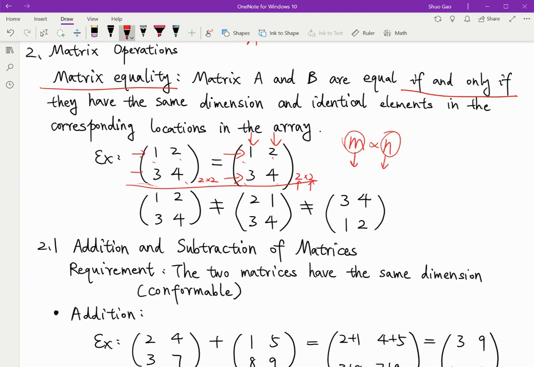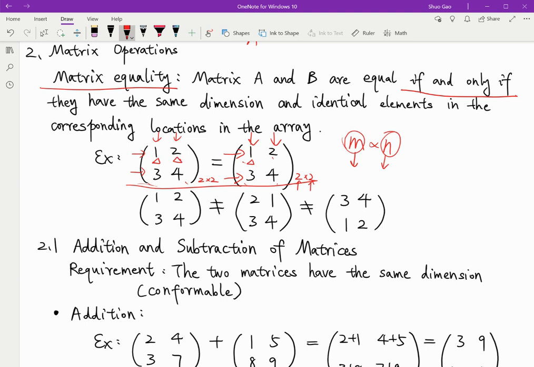So both of them have the same dimensions. And also, for the first row and first column, this element is 1. And also for this matrix, in the first row and the first column, this number is also 1. So number 1 lies in the same location in the two matrices.